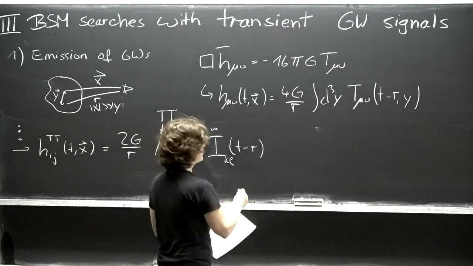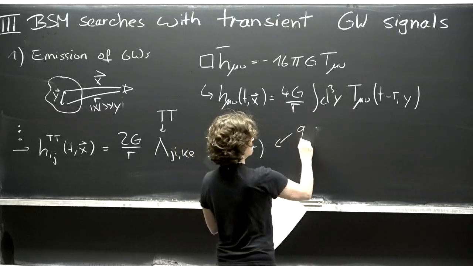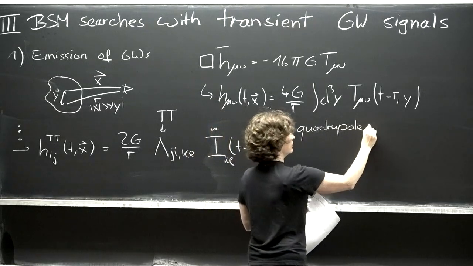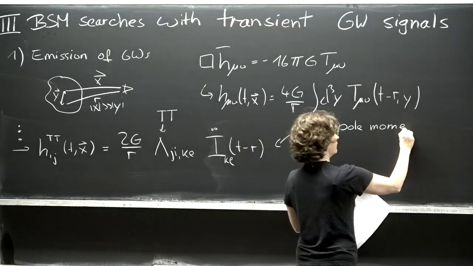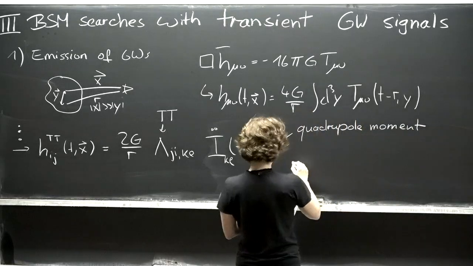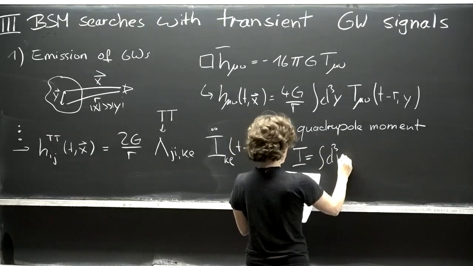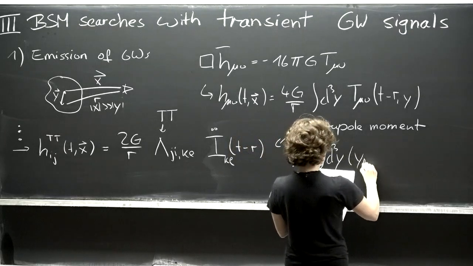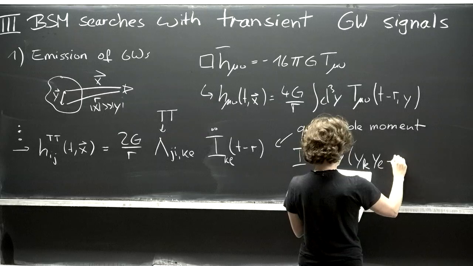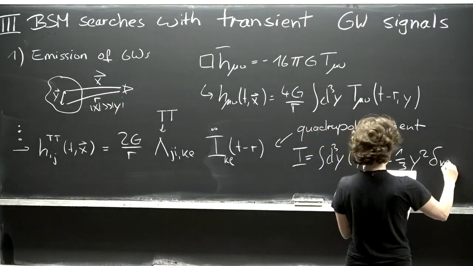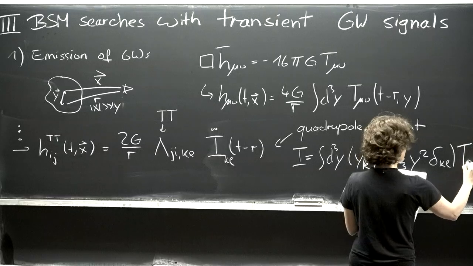And so this guy is the quadrupole moment. So it's the integral d3y, y^k y^l, and then we make it traceless, multiplying T^00.